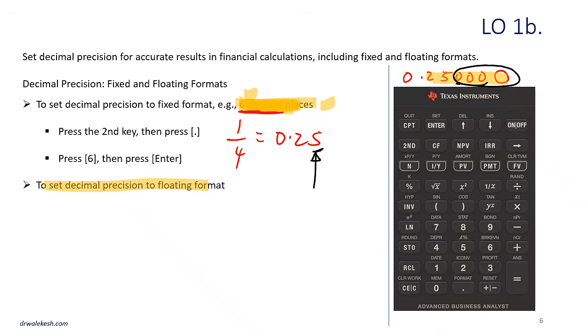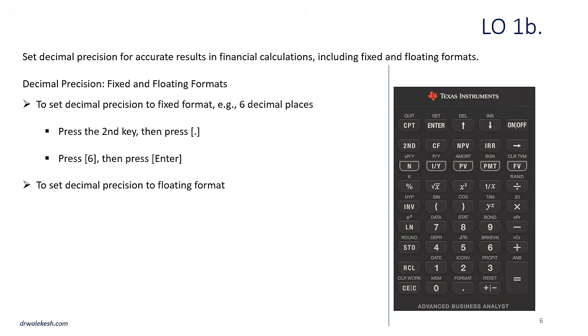So a better way to set your financial calculator, in terms of decimal precision, is floating format. If you are given this to solve for 1 divided by 4, and you have set your financial calculator to floating format, your answer would be 0.25, and it will show you 0.25 without unnecessary zeros after the 5.